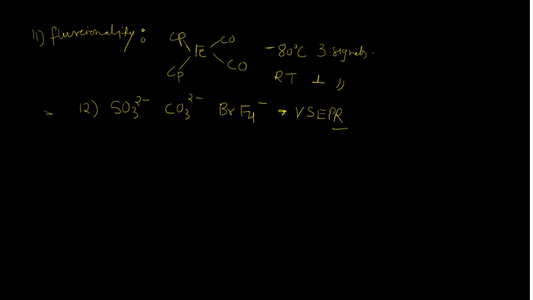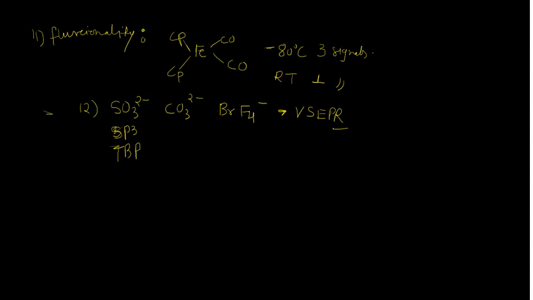With sp3 hybridization, it is having trigonal pyramidal geometry. How you can determine this structure, you can go through the lectures. And then they have given the carbonate ion.